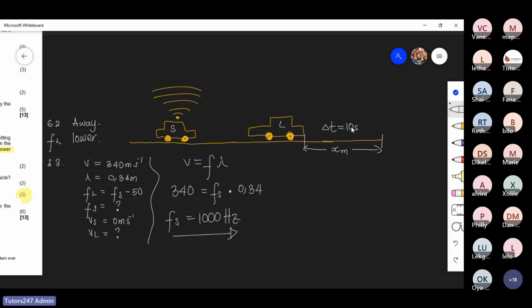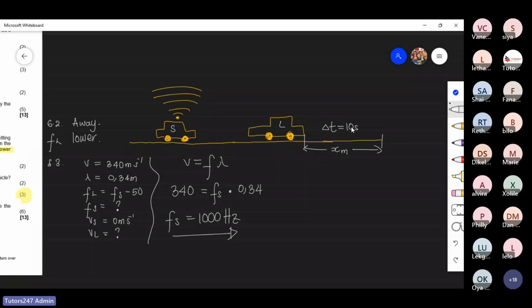Now, because we have time, and because we are dealing with velocities and distance, that is an indication that we can use one of our 4 equations of motion. Always keep in mind that certain indicators will tell you what to do.